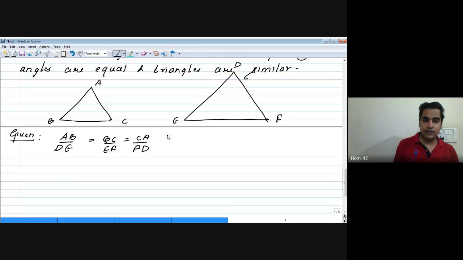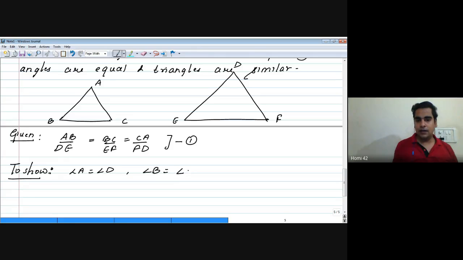This is given to us. Let us call this 1. And what do we need to show? We need to show this. Angle A is equal to angle D. Angle B is equal to angle E. Angle C is equal to angle F. That is what we need to show, because if we are able to show it, then according to the previous or the last similarity criteria, we can say that these two triangles are similar, right?